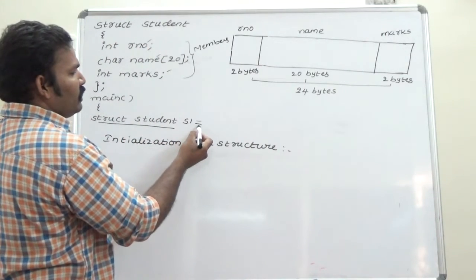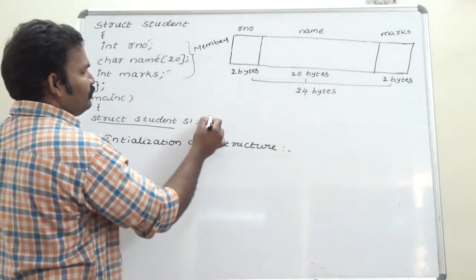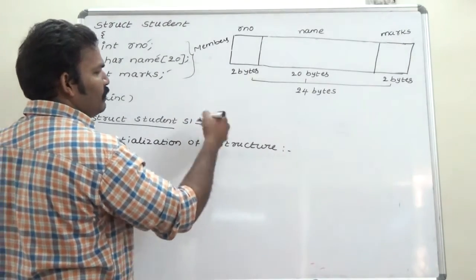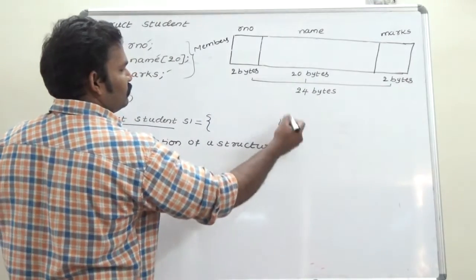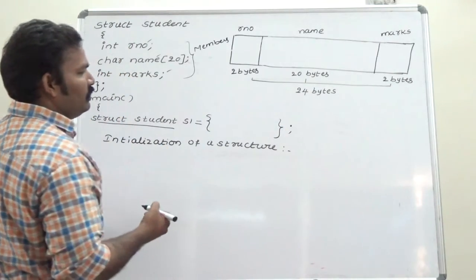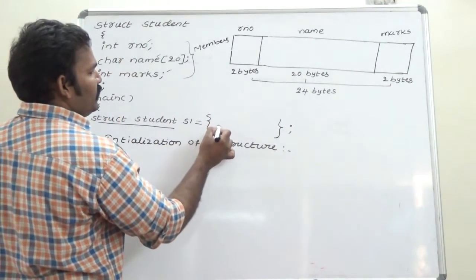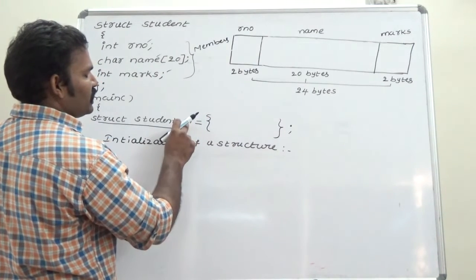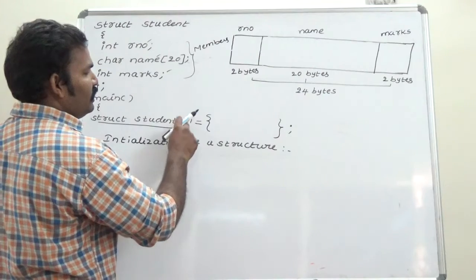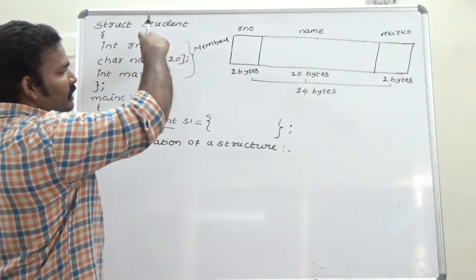Here I am using the assignment operator, equal, and curly braces, same as single dimensional array initialization. We give elements to the structure variable in the order in which we have declared the members.